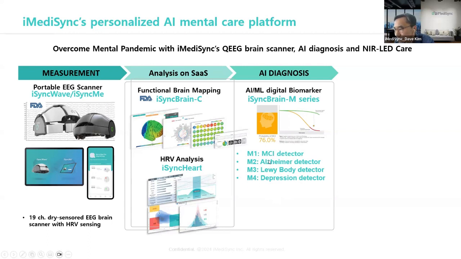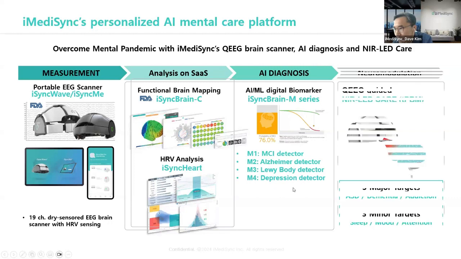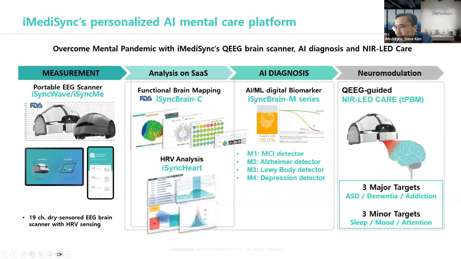Currently, we can give the MCI biomarker. If our client has a probability over 60%, that means the client will have MCI. And we are developing the Alzheimer detector and Lewy body detector and depression detector. And we can combine the QEEG analysis and this kind of biomarker analysis for the client.